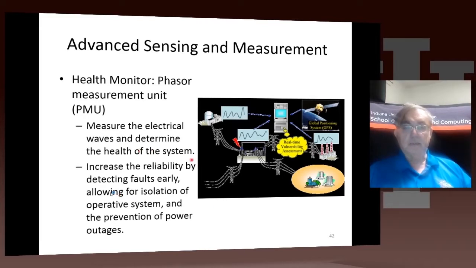Here's a more technical device, a phasor measurement unit, which measures the electrical health of the system and detects faults early, isolates faulty systems, and prevents unnecessary power outages. This is the type of thing that would have prevented that Northeast power outage, not the original outage, but just the cascade effect.